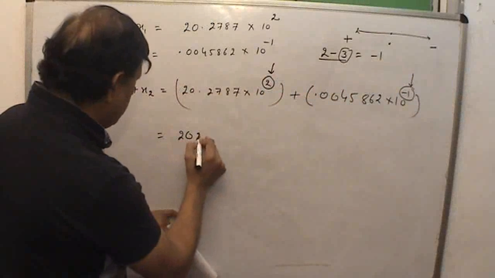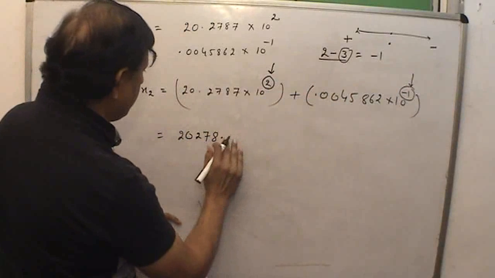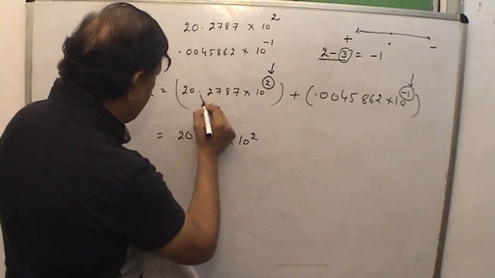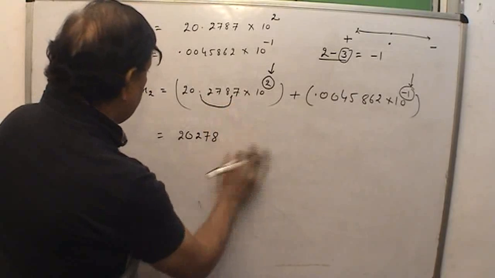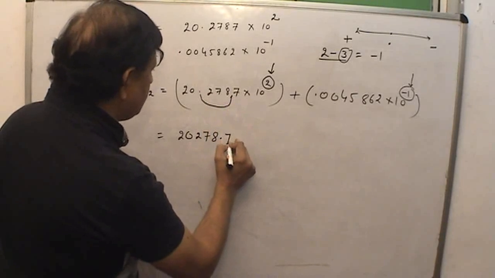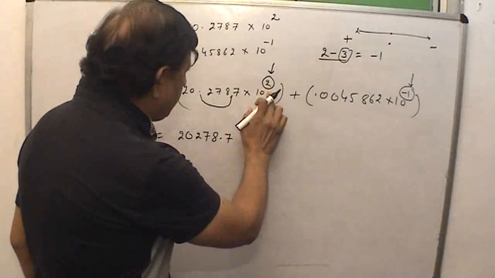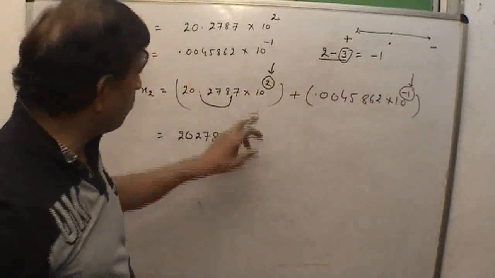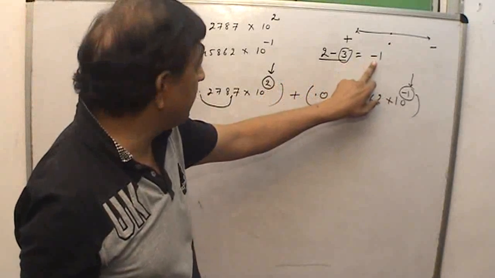That is 2278 point. No need into 10 raised to the power 2. That 0.7. Why? When we have to convert 2 into minus 1, 2 is equal to minus 1. It's simple arithmetic.